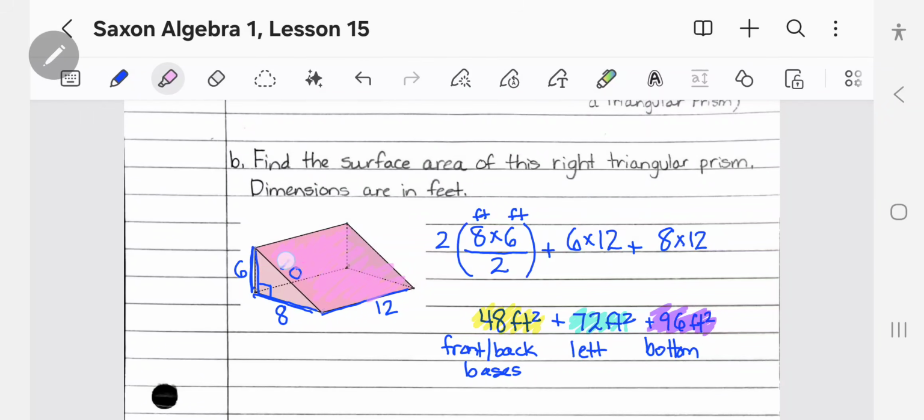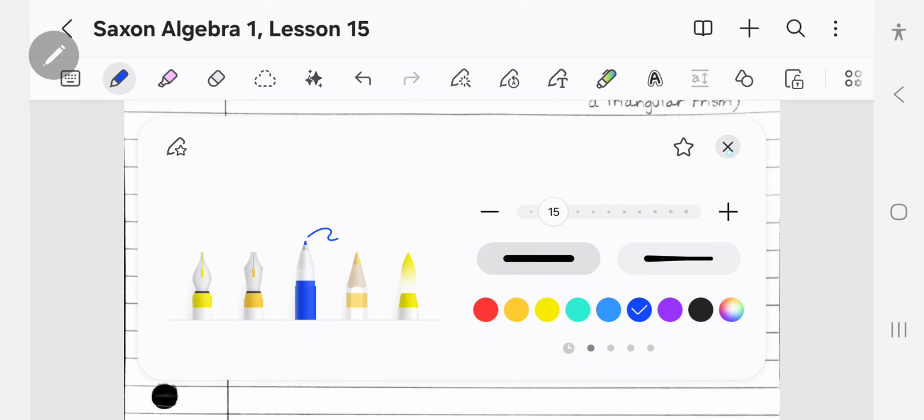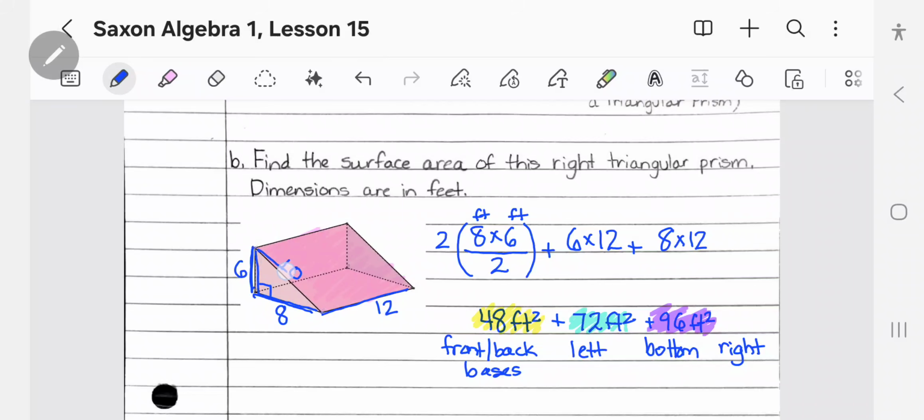It's just this whole slanty side here. We'll call this the right side, because it's coming to the right of the base. What do we need to do to find that measurement? Well, it is that slanty 10 times the 12. It's that rectangle. So we're adding 10 times 12, which is 120 square feet. And we'll use our pink right here.